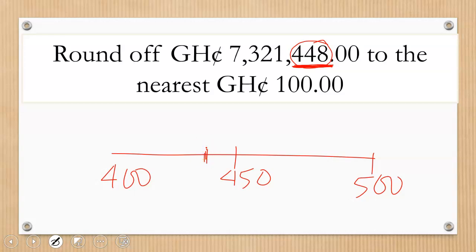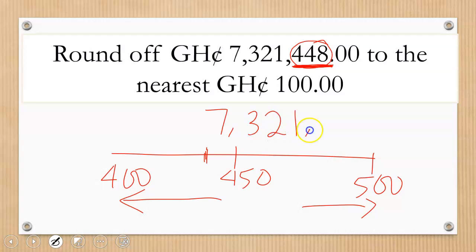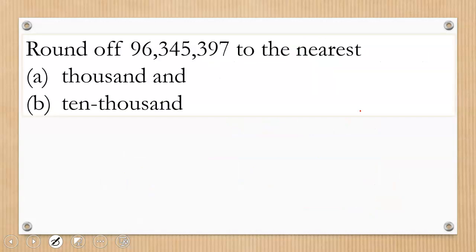The number 448 will be somewhere here, which is closer to 400 than to 500. And so rounded off to the nearest 100 it will be called 7,321,400. It won't be 500, it will be 400.